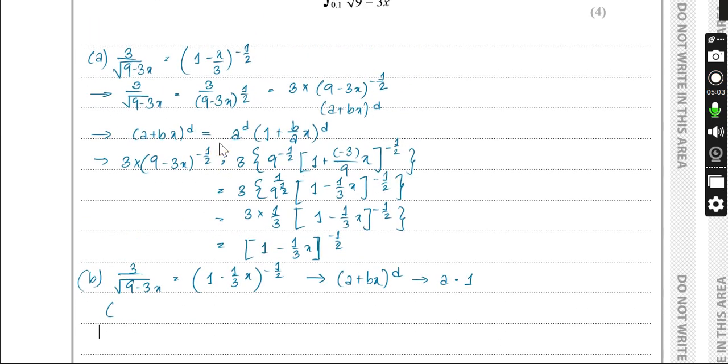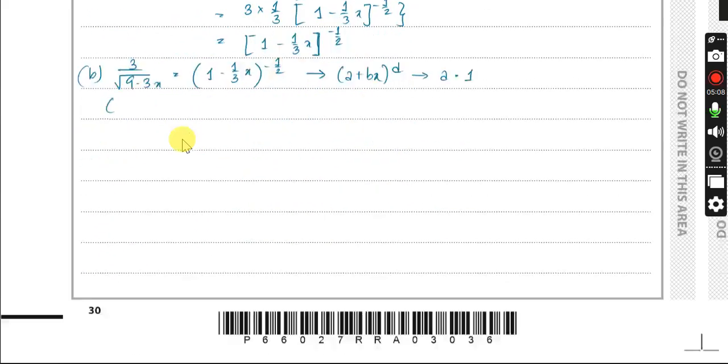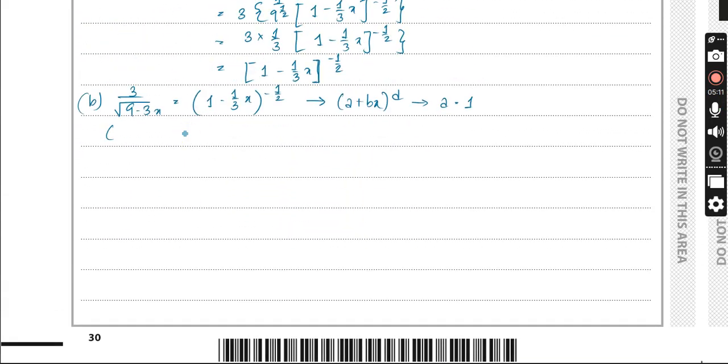And also remember that (a + bx)^d is not the same as a + (bx)^d of part A. So we have to keep that in consideration.